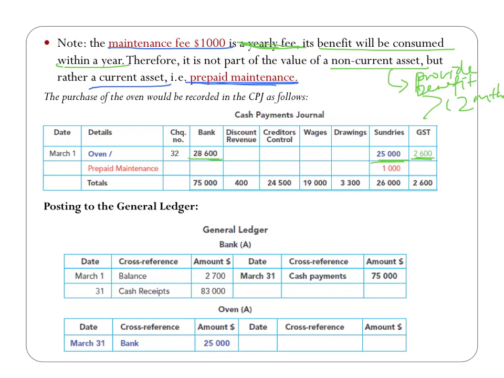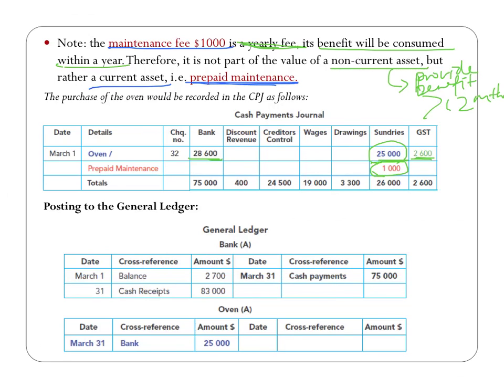This is the cost for the oven. And prepaid maintenance we write in a separate line. Prepaid maintenance is $1,000. We've deliberately written that in a separate line because it's not considered to be part of the cost of the oven.